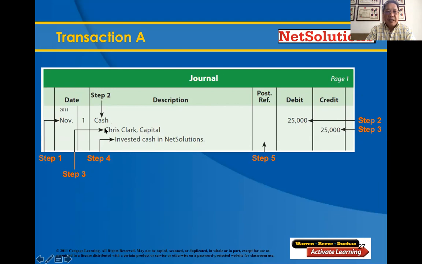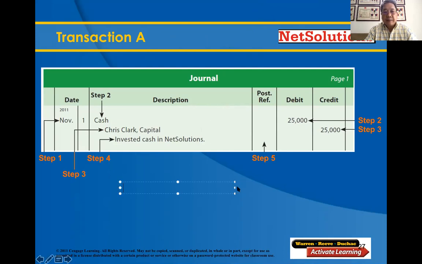Remember, pag nag-credit ka, naka-indent. Ha? Naka-indent yan. And this is, you record this in the journal. Hindi pa yung ledger, ha? Journal muna. You record it in the journal. Remember, the journal is the book of original entry.